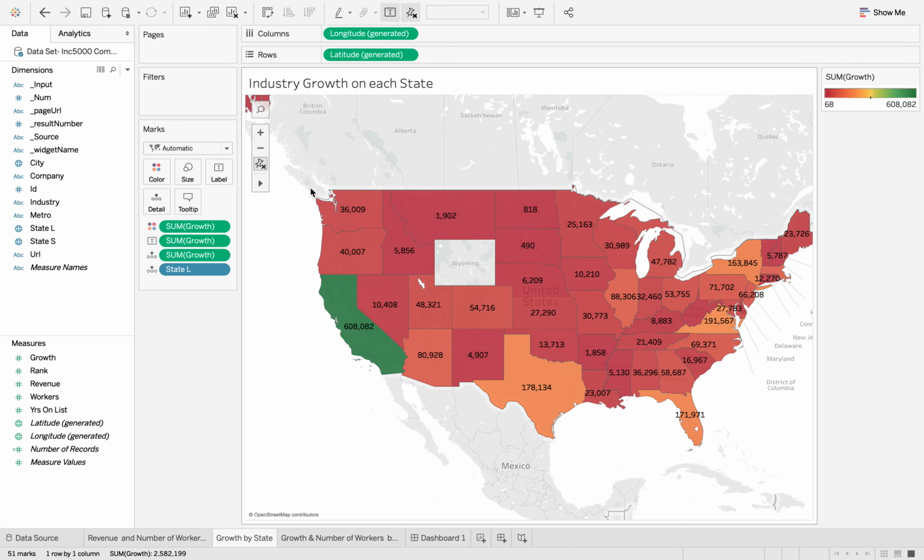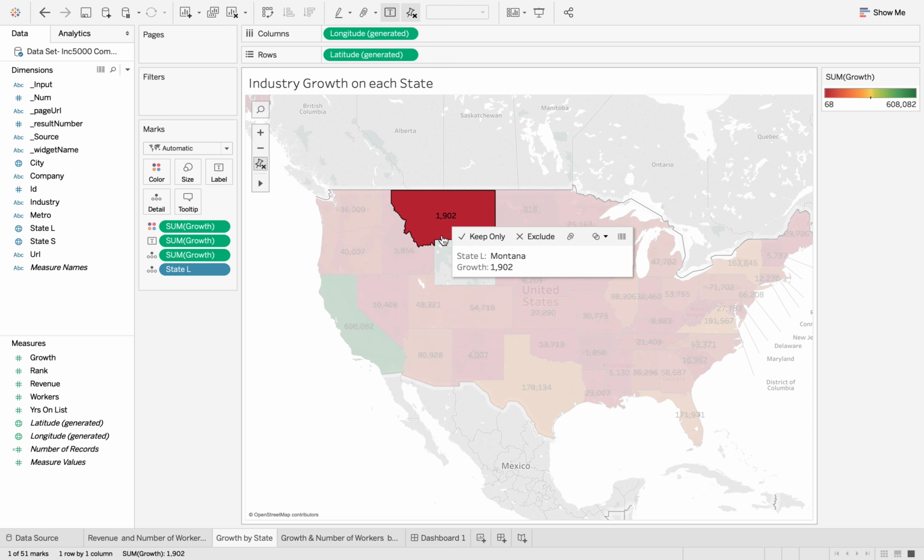Continuing with this analysis, I have a map of the United States which shows the amount of growth each state has in regards to the companies in that state. For example, there's just a growth of $1,902 in Montana, which means the companies headquartered in Montana probably do not have high growth.